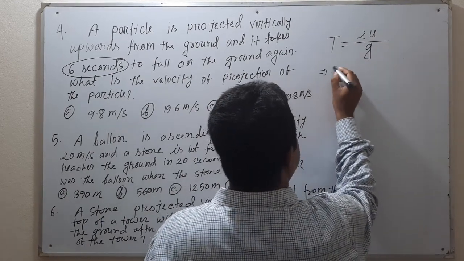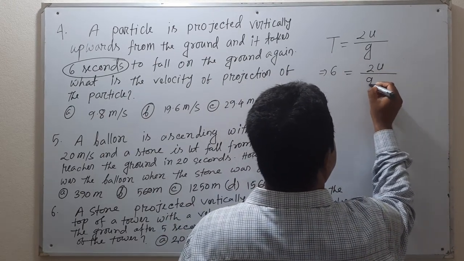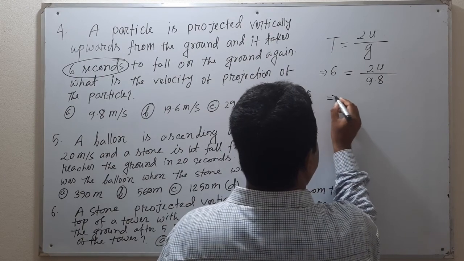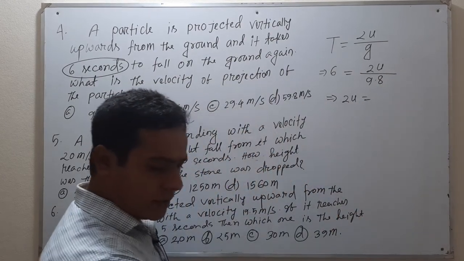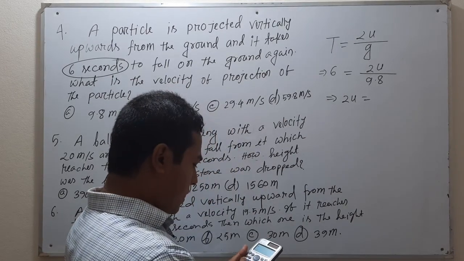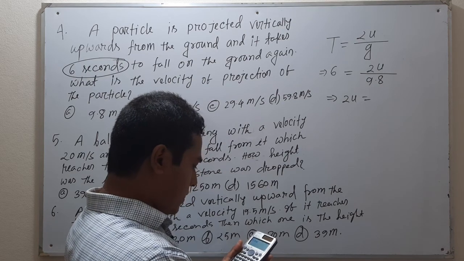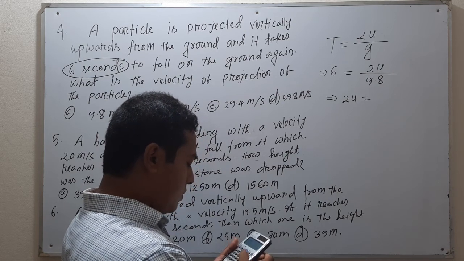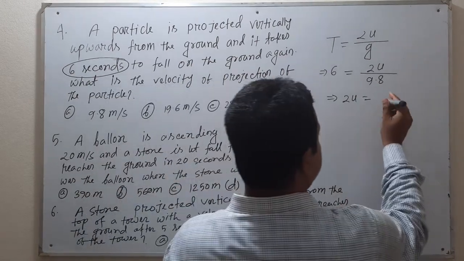Time of flight is 6 seconds and 2u divided by g with g 9.8. So 2u is equal to 9.8 into 6, which is 58.8.